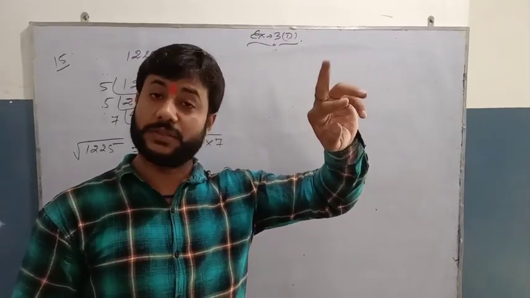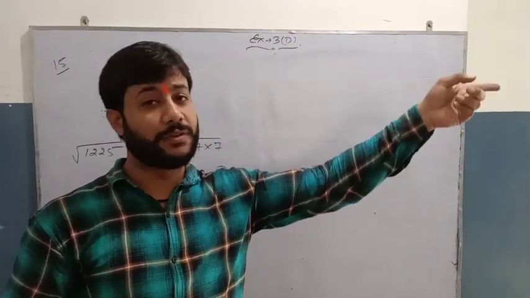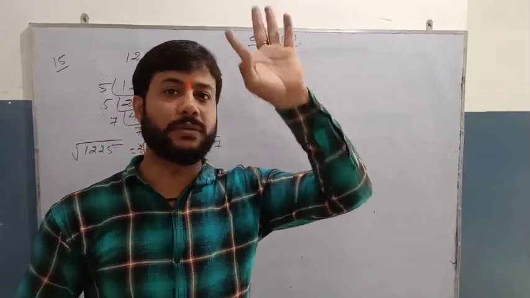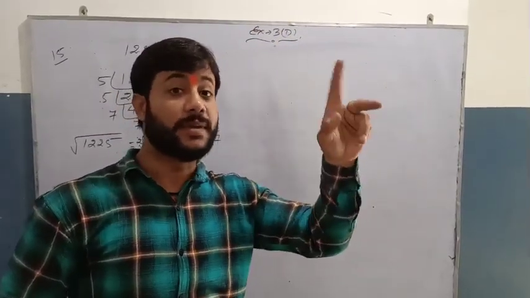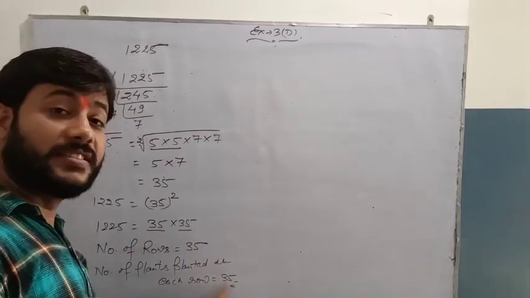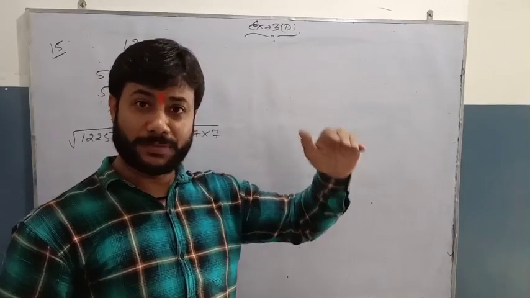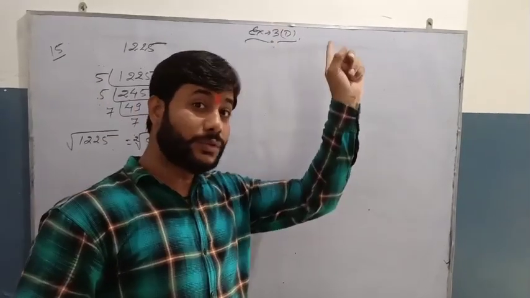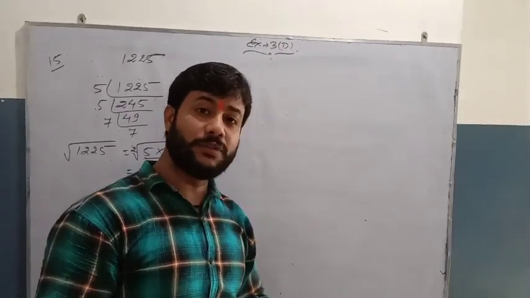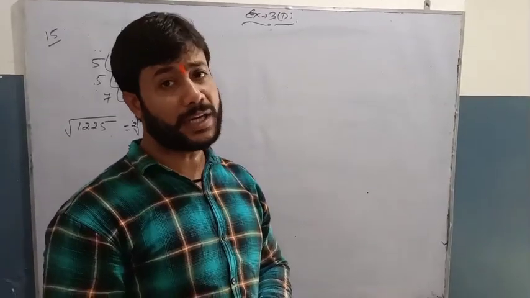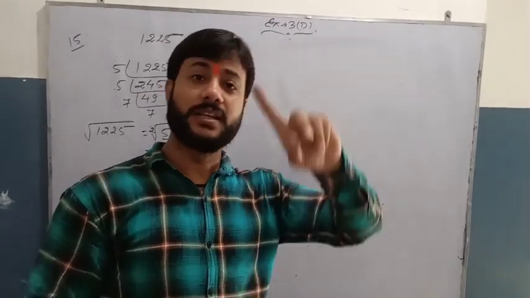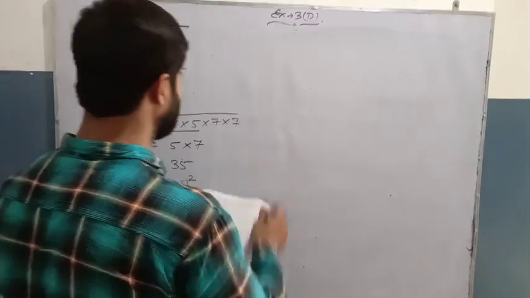So at first we will go for its prime factorization. We will find its square root and that will be the answer, meaning both will be same. As here the number of plants planted in each row was equal to the number of rows, here the participation of each student will be equal to the number of students in the class.